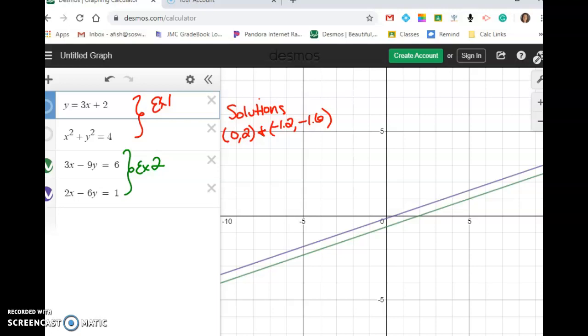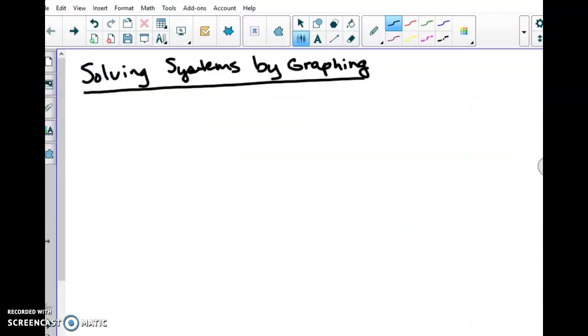So we actually have, for this situation, no solution. Sometimes you're going to get multiple solutions, sometimes you're going to get infinite solutions, and other times you will get no solution. So when we're looking at that specifically, no solution means that they never intersect.